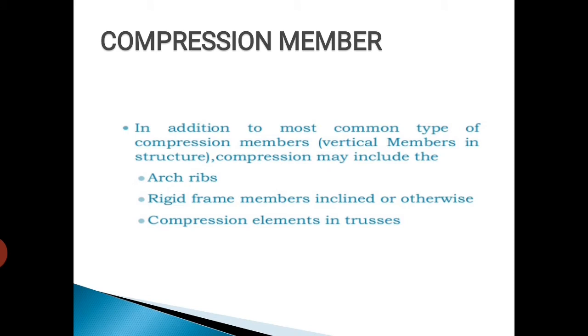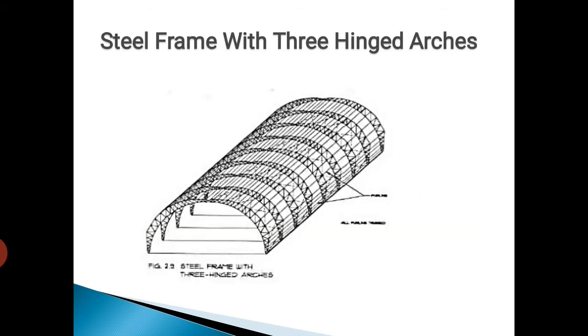Then we will see the common types of compression members. In addition to the most common type of compression members, vertical members in structure, compression may include arch ribs, rigid frame members, inclined or otherwise, and compression elements in trusses. First of all, we will see steel frame with 3-hinge arch.